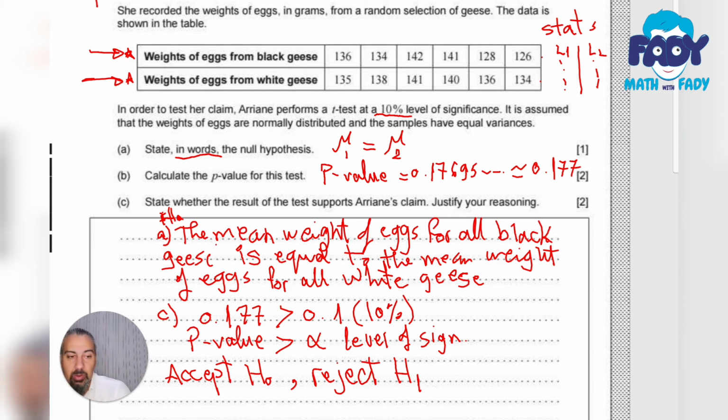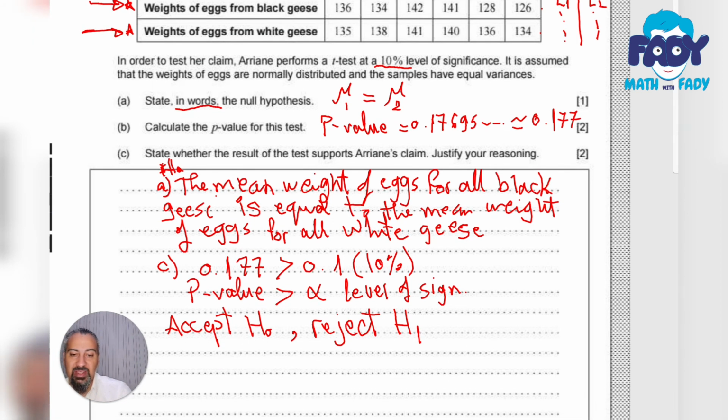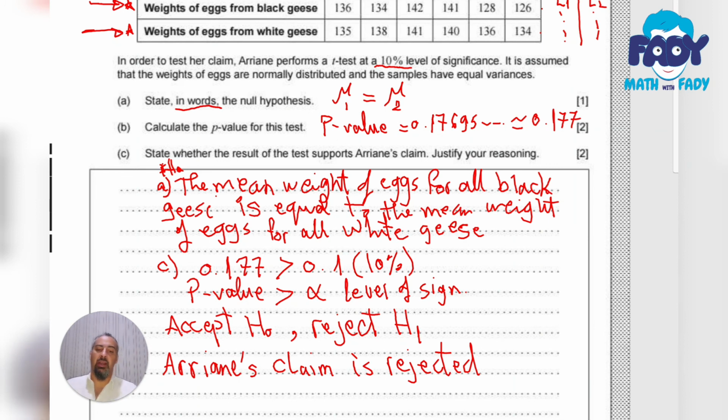So her claim is rejected, and we would say that Arriane's claim is not supported by evidence.